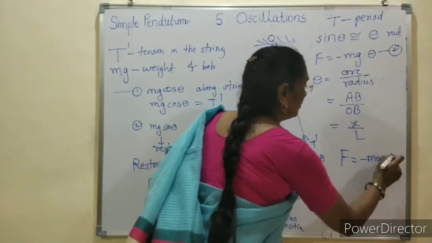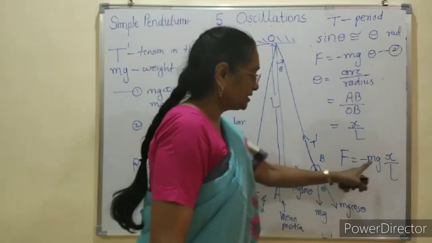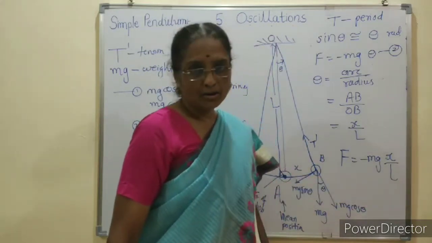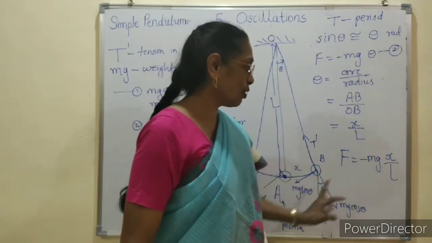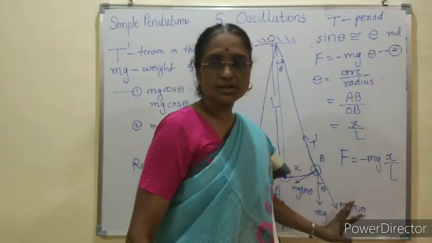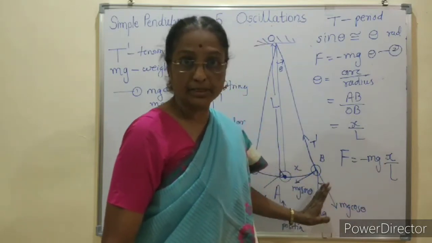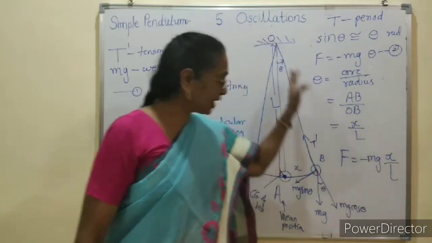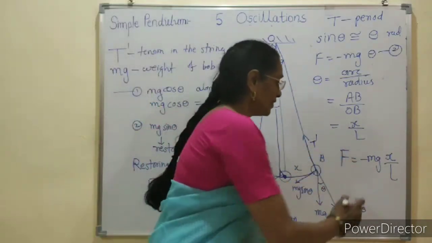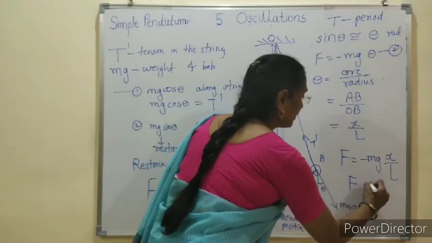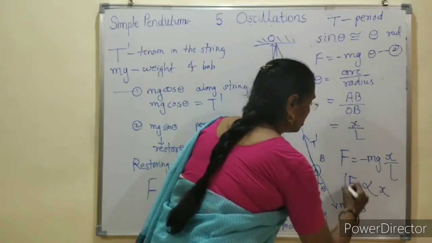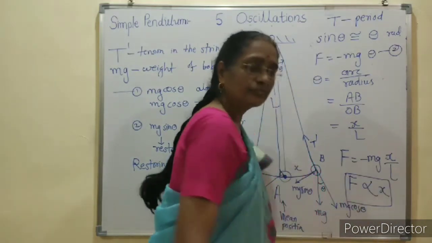upon L. Here, as m, g and L are constant, mass of bob is constant, g is acceleration due to gravity at a given place is constant, L length we have adjusted is constant, then we can write F is directly proportional to x.